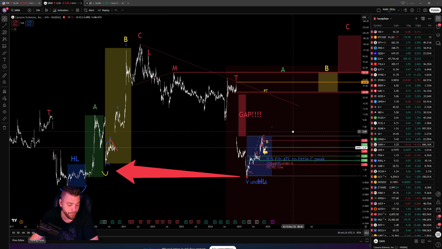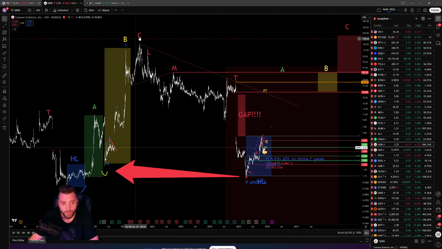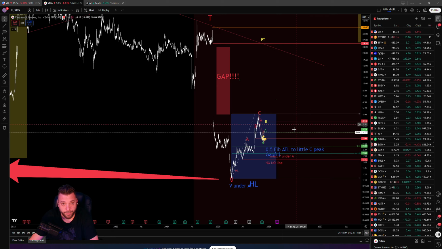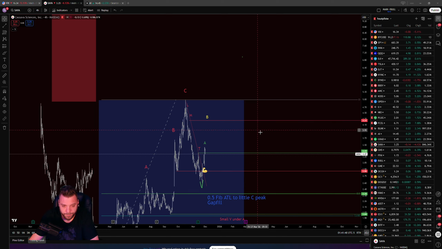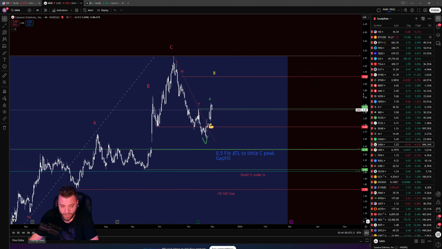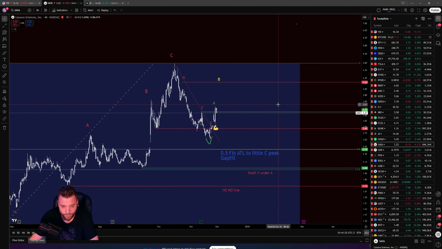And for the fractal method, we are finished. A higher low, A, B, C, L, M, T, V, and A. And right now we would do higher low. So for the bullish version, this higher low could be finished.